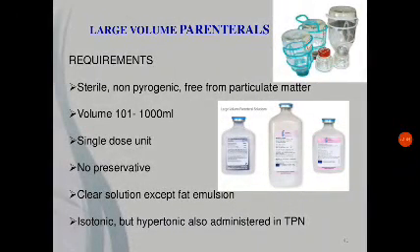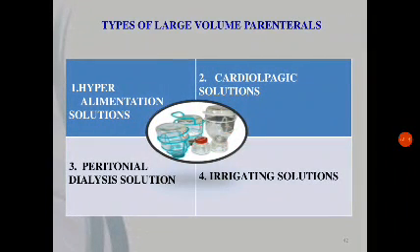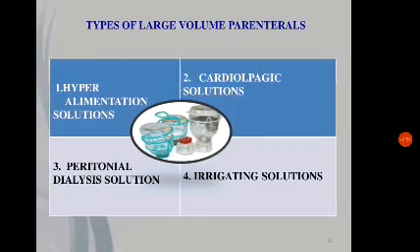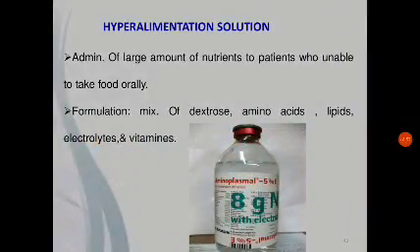Generally they are given for nutrition, that is called TPN. So these are the various types of large volume parenterals: hyperalimentation solutions, cardioplegic solutions, peritoneal solutions used for dialysis, and irrigation solutions used for surgical procedures.